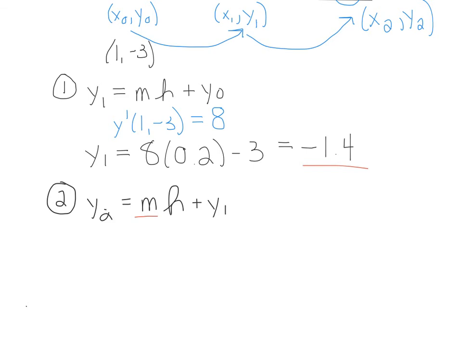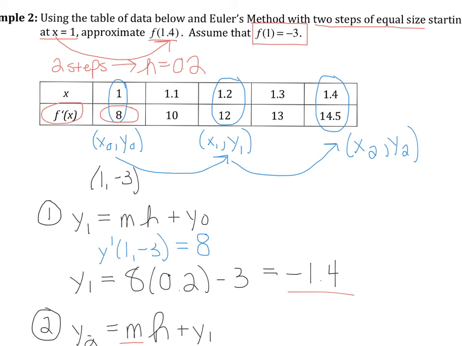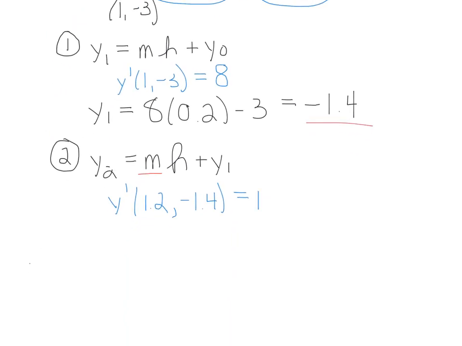Okay, so let's get y prime at the point where x is 1.2, right? Because that's our next x value. The y value that went with it was -1.4, but we don't really need that. Let's go back to the chart, and we can see that f prime of 1.2 is 12. Yay. So let's build that in.